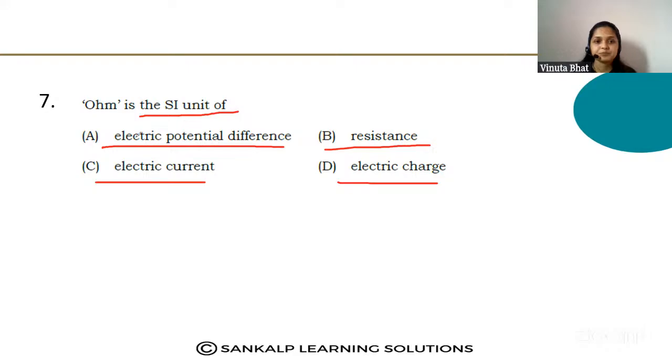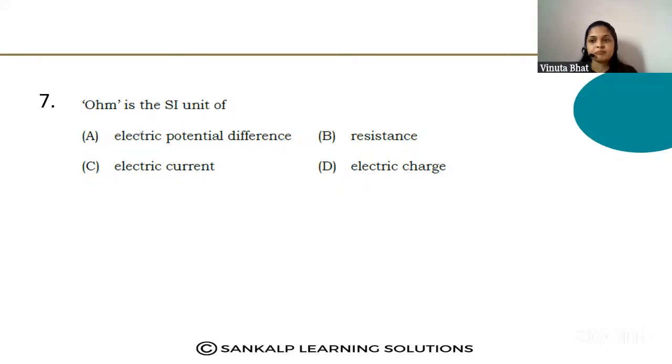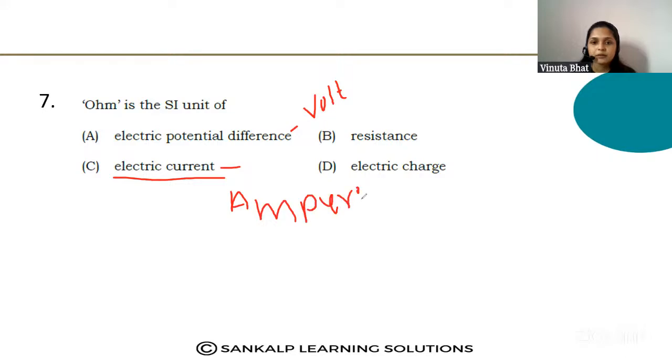Volt is the SI unit of the potential difference. Ampere is the SI unit of electric current. And what is the SI unit of electric charge? That is the coulomb.